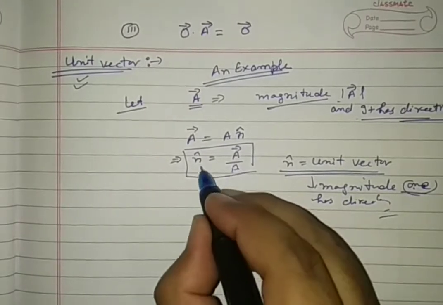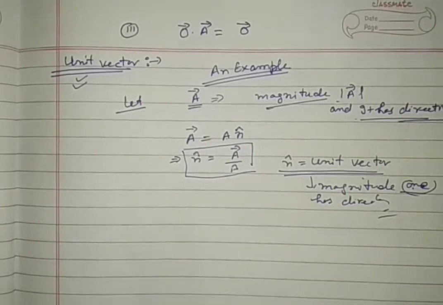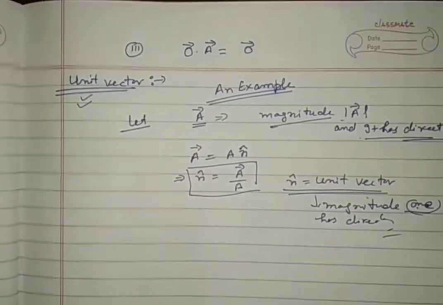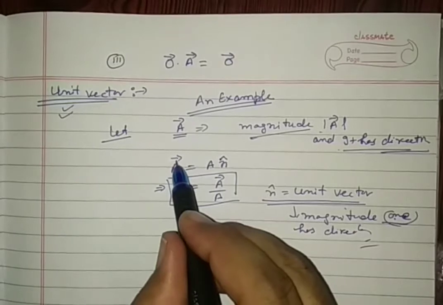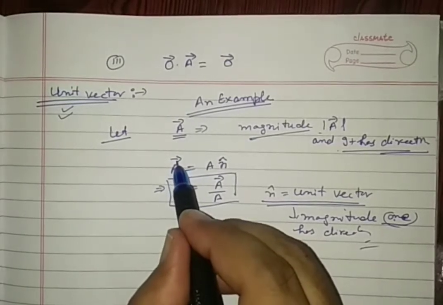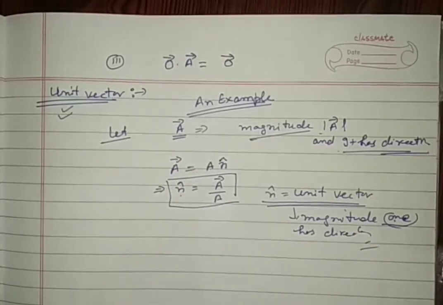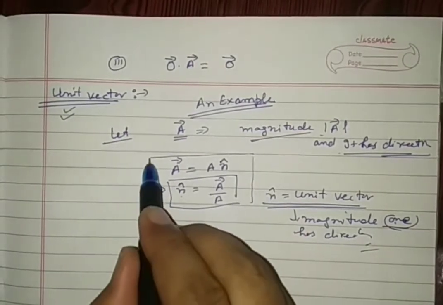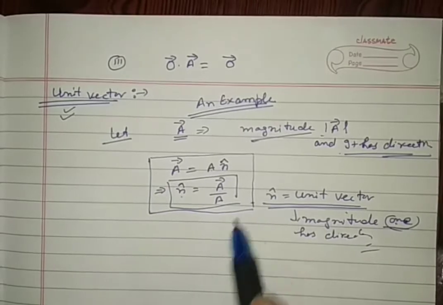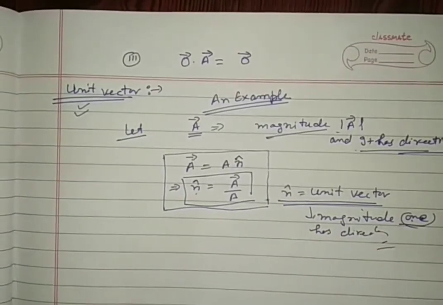So see, n is called unit vector. What is the direction of unit vector? The direction of unit vector is in the direction of A. Magnitude 1. So this is a very important concept in physics to understand the meaning of unit vector.